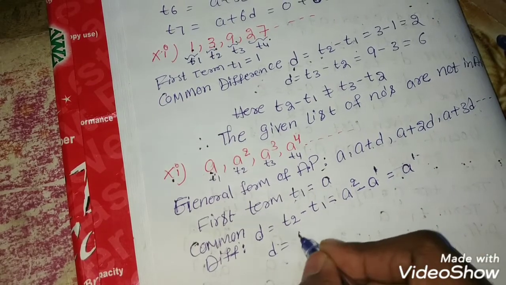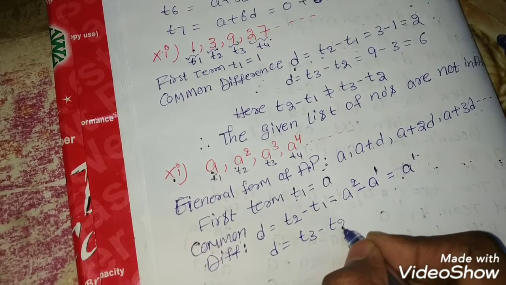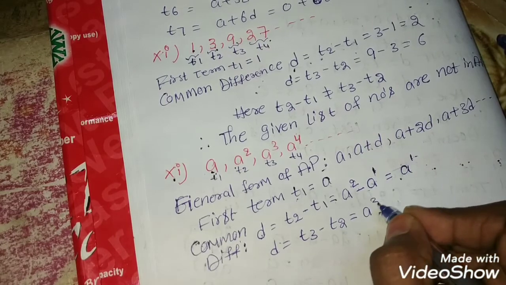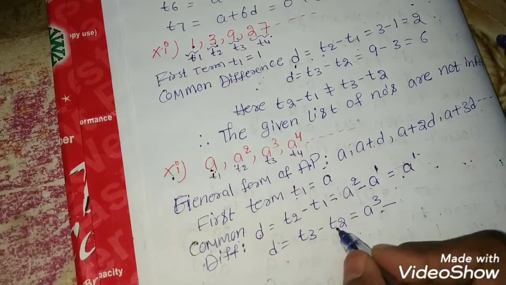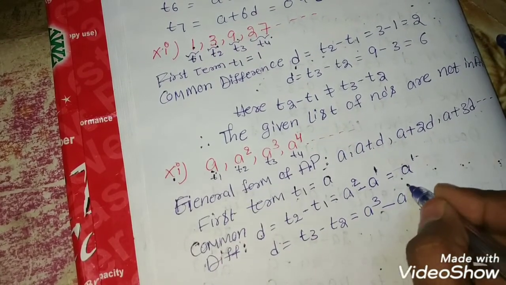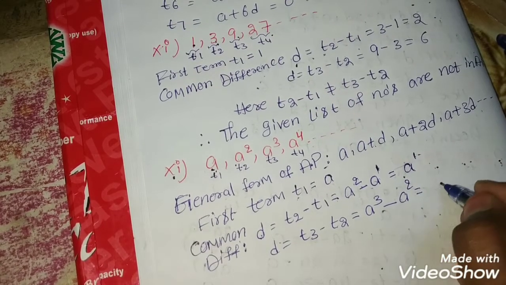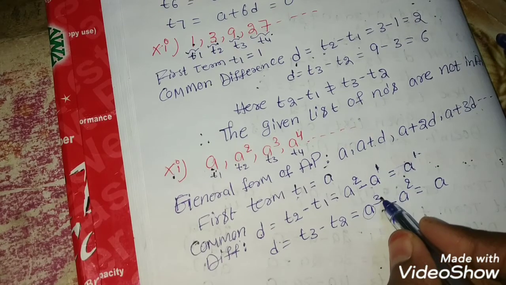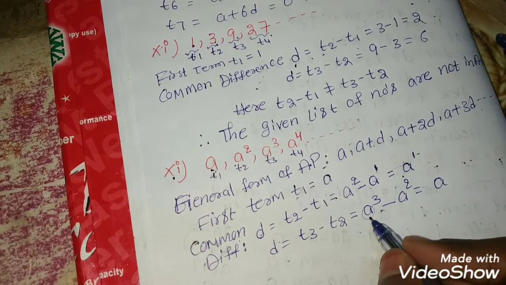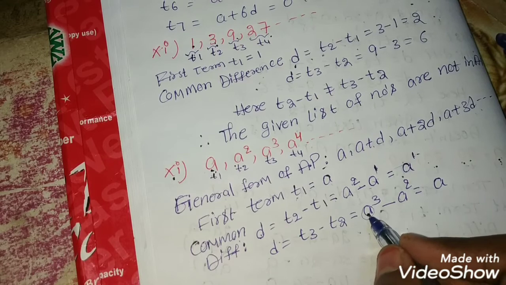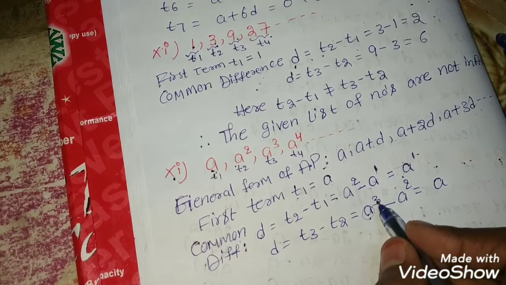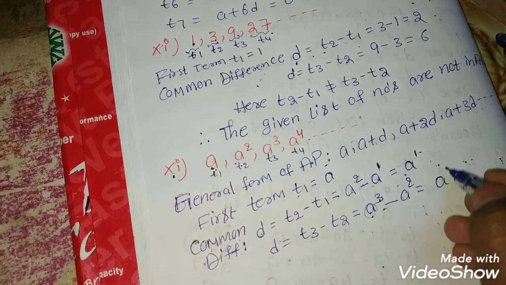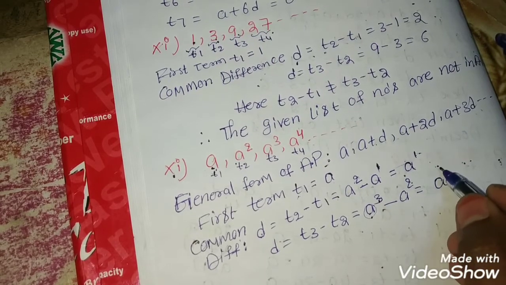Let's check another. T3 minus T2. What is T3? A cube, right? Minus T2, A square. See, base is same. You can write like this. See, here this is the base and this is the power or index we can call. Okay, note it. And next A power 3 minus 2, we get 1.